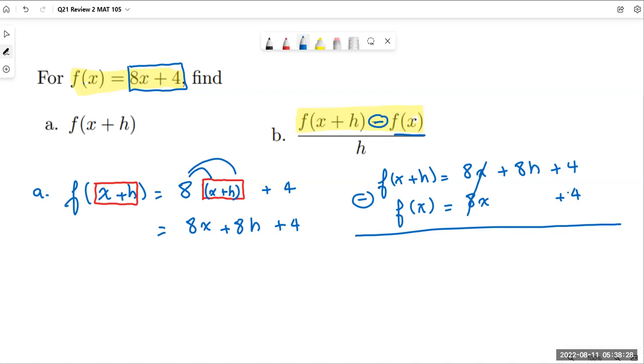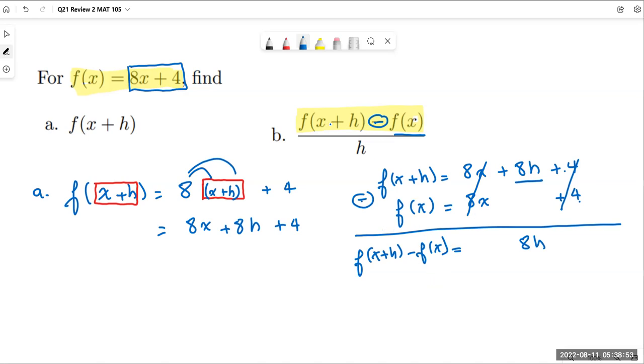So 8x cancels out with 8x, 4 cancels out with 4, because we're going to have 4 minus 4, and that's going to be 0, right? So if I do f of x plus h minus f of x, whatever remains is only the 8h. And this is the easy way to cancel the element without any mistake, right?